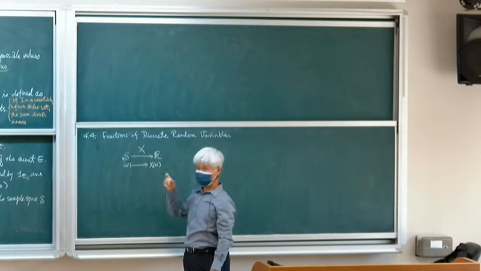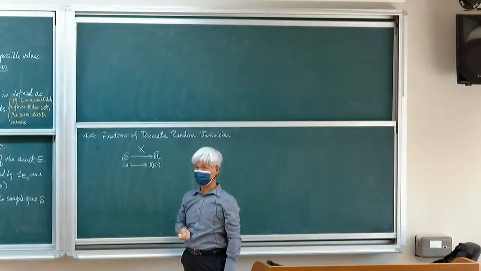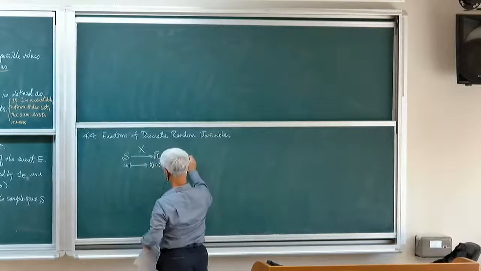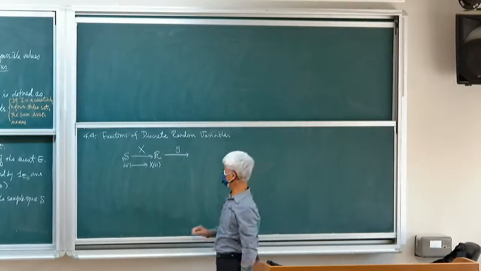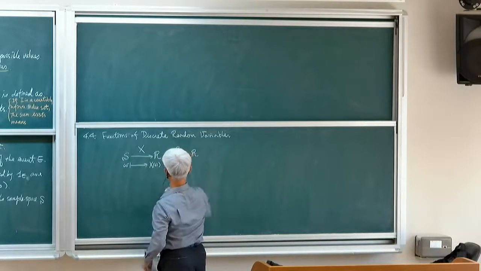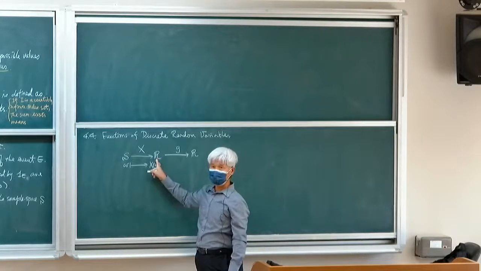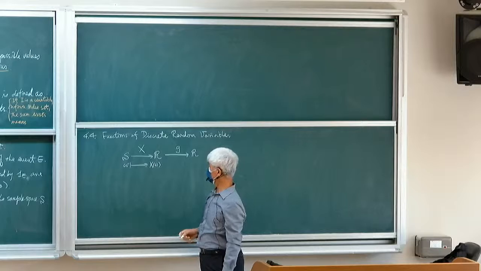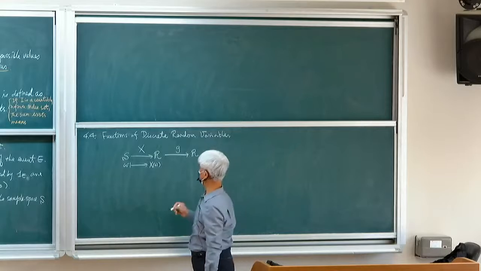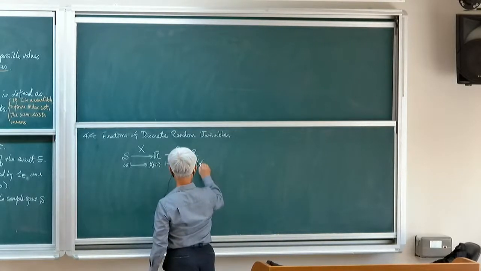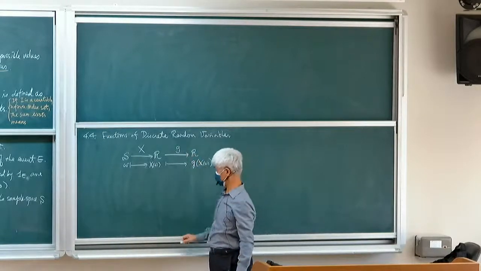This X measures certain characteristics or features of the outcome. And in many situations, we will process this feature. So we go through a function g, which is a function from the set of real numbers to the set of real numbers. This is the data processing function.